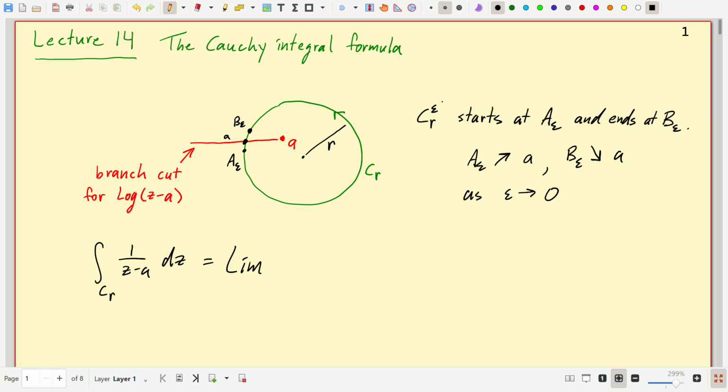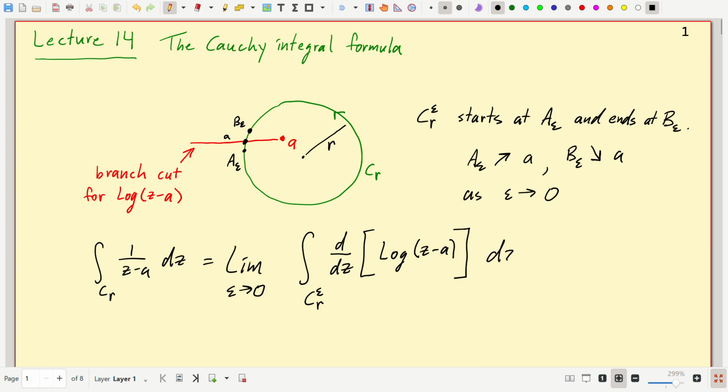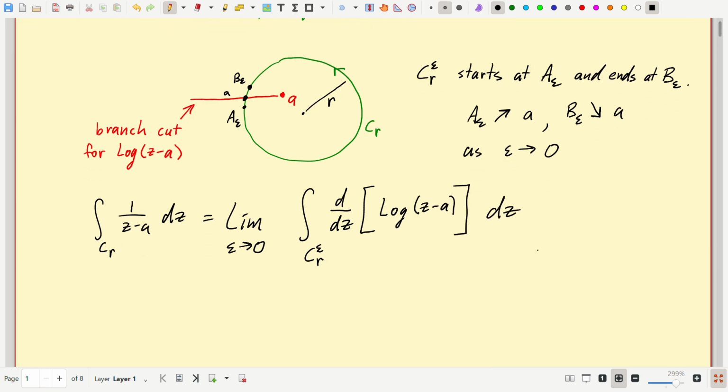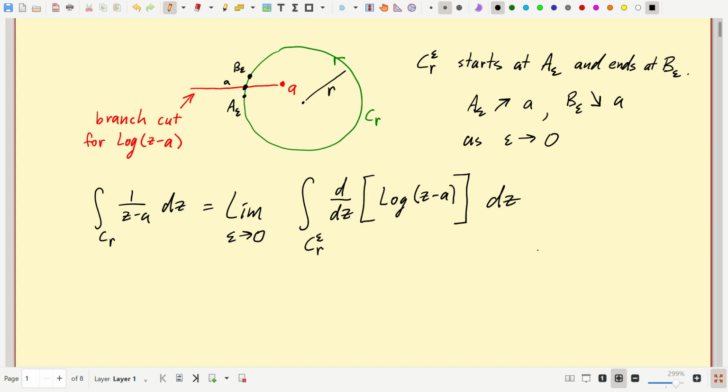Anyway, the integral along the whole circle would be the limit as epsilon goes to 0 of the integral around C_r sub epsilon. And that function, 1 over z minus a, is the derivative of something on that set. So that's the integral of d by dz of the principal log of z minus a, by the chain rule, dz, and we've got a fundamental theorem of calculus for integrals of derivatives of analytic functions on an open set.